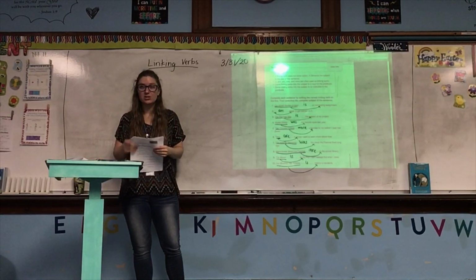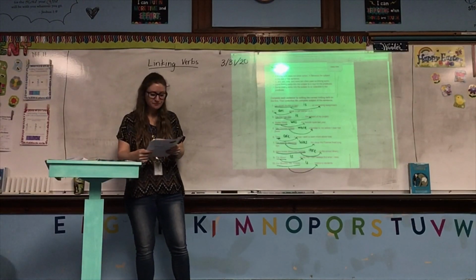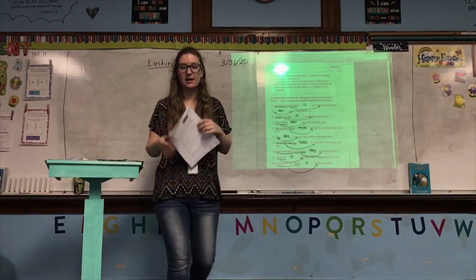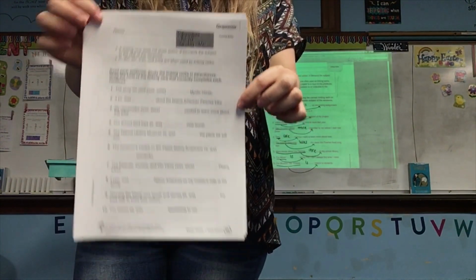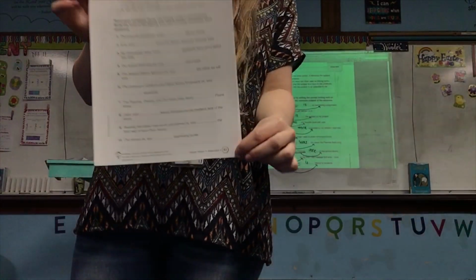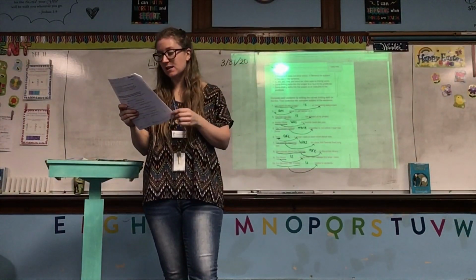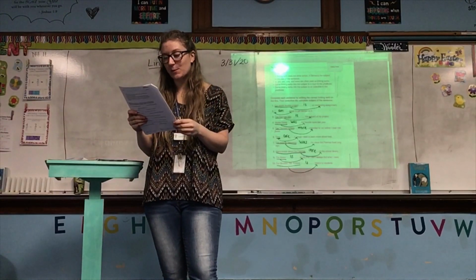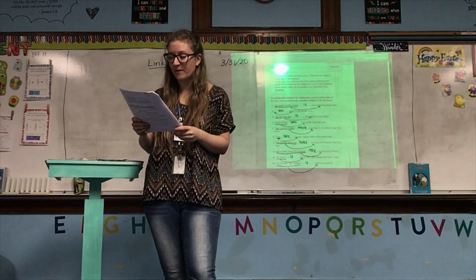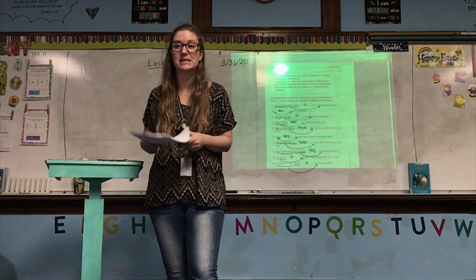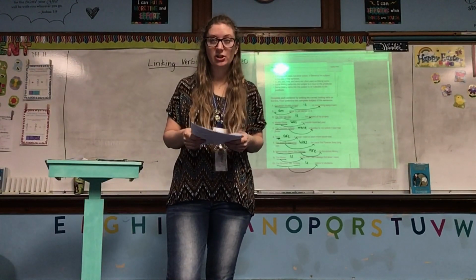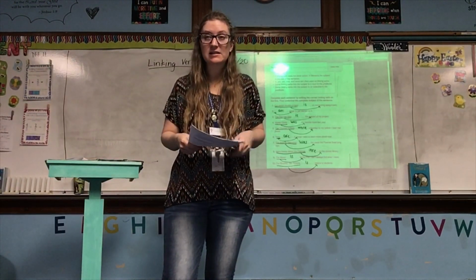So now what I want you to do as soon as this video is over is go ahead and look at the independent practice. You're starting with the page that has 83 at the bottom, and the directions say to read each sentence, study the linking verbs in parentheses, and then write the form of the linking verb that correctly completes the sentence. So that means you're looking at, is it present or past tense?